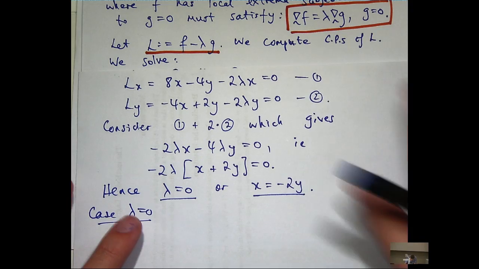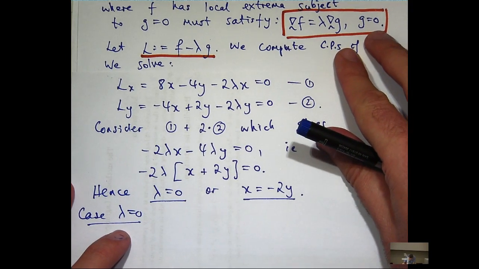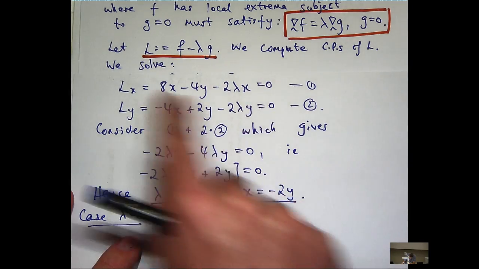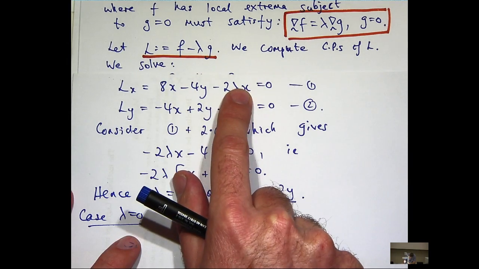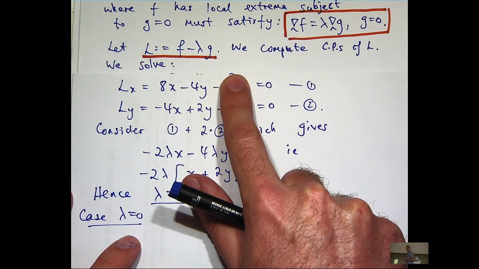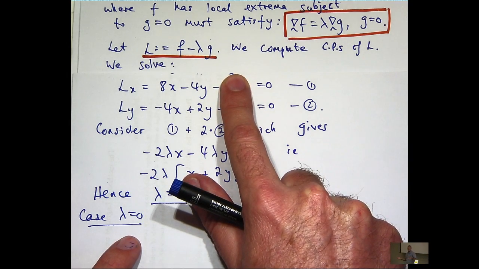Okay, so what will happen? If lambda equals 0, let's just go up to equation 1. If lambda is 0, then that term's going to disappear. So I can come up with something like y equals 2x.